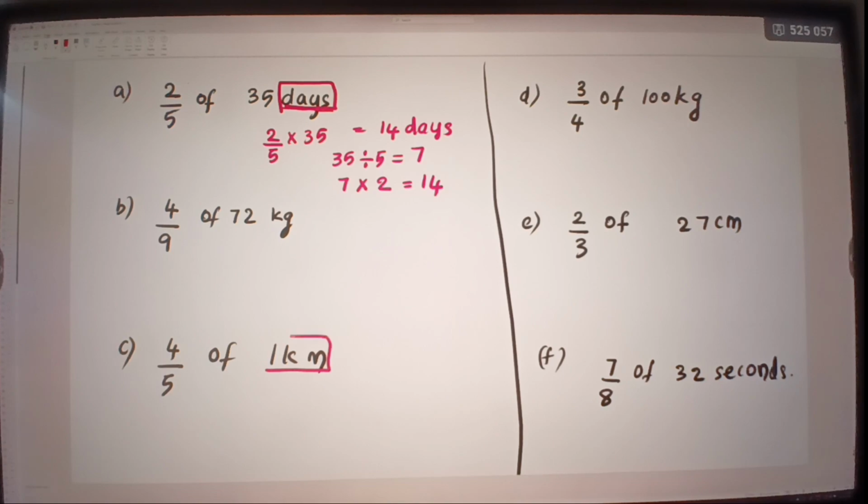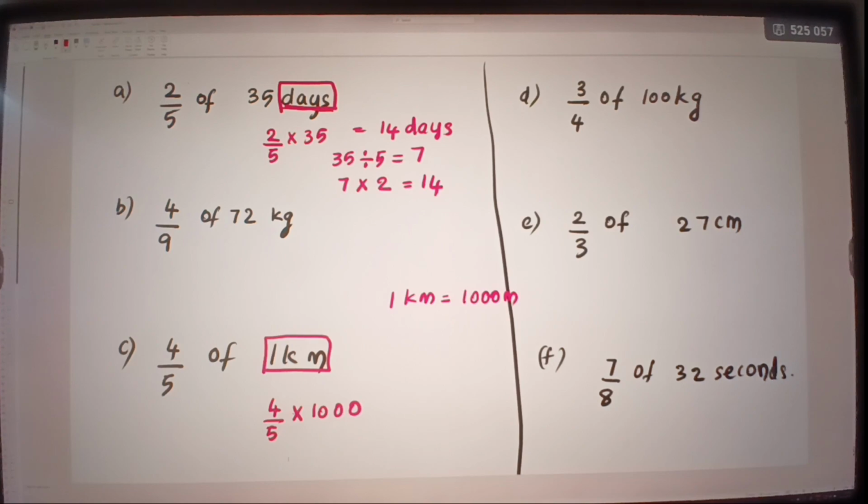So here they are saying 1 kilometer. In order to do this type of problem, with 1 kilometer, 1 day, 1 millimeter or 1 kilogram, what do you have to do? You want to convert that into meters. So 1 kilometer is equal to 1000 meters. After converting, you can do 1/5 times 1000.